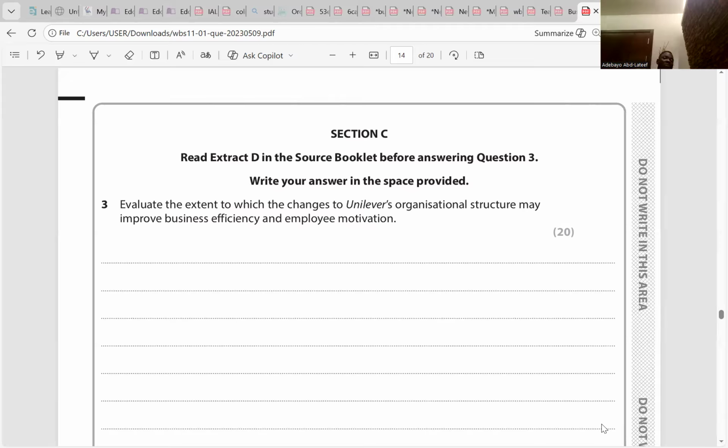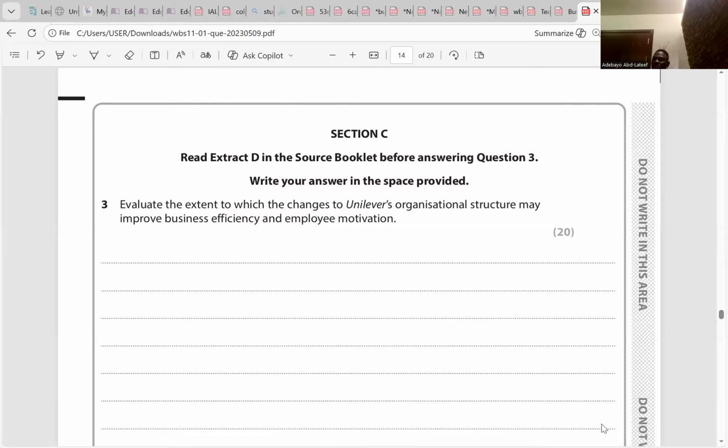So Unilever employees might be able to respond to customers' needs swiftly, and when you respond to customers swiftly, it means you are efficient. Do you understand?